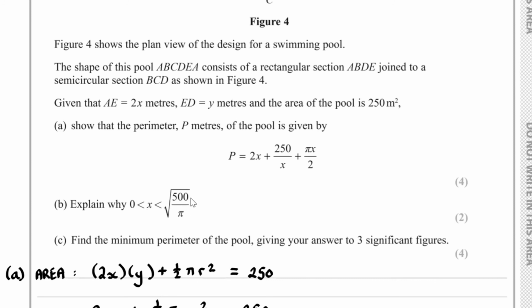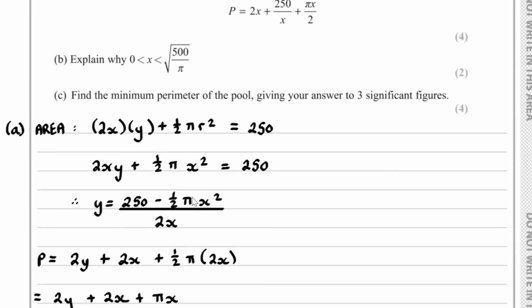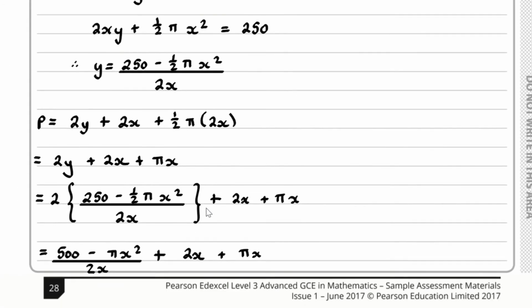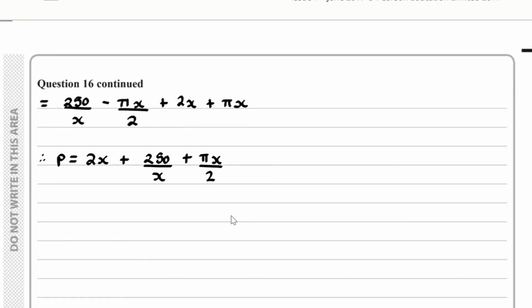Now we have to explain why x is in between 0 and the square root of 500 over pi. So for us to do this, what do we know so far about distance? Well, distance is positive, which implies x and y are both positive.